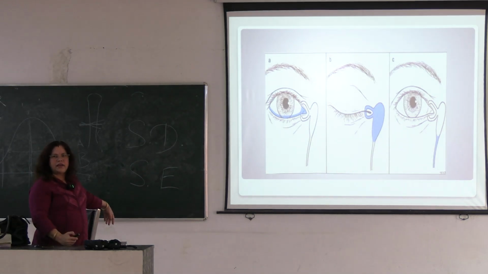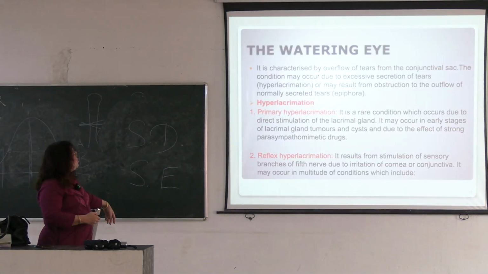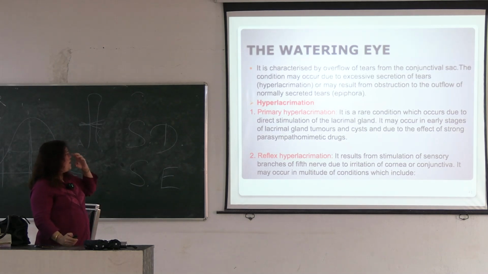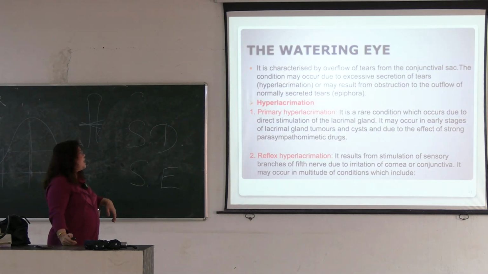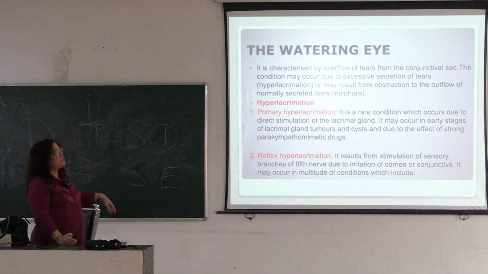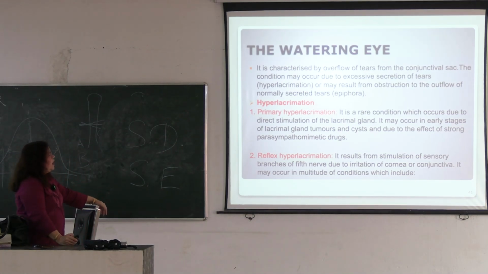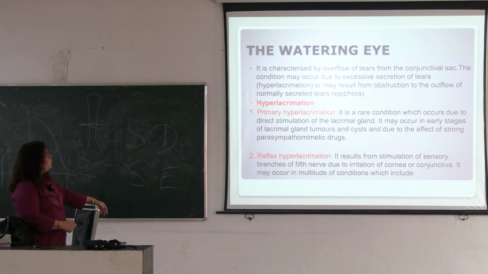Okay, understood? Then watering. What is watering? It is characterized by the overflow of tears from the conjunctival sac, and it may occur due to one condition, excessive secretion of tears, which is called hyperlacrimation, and another condition resulting from obstruction to the outflow.